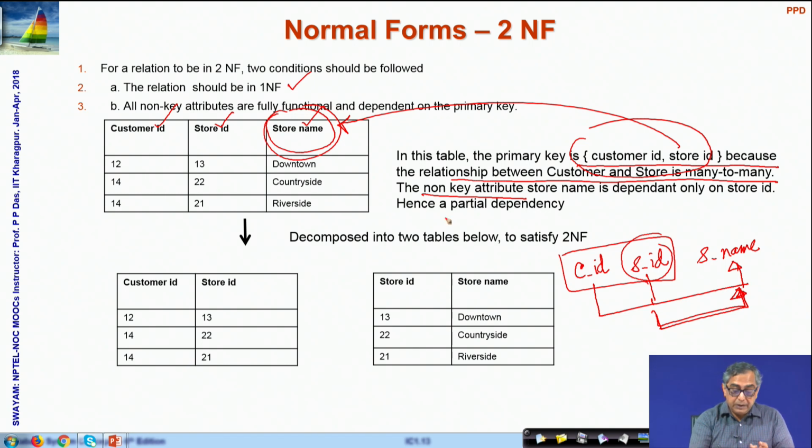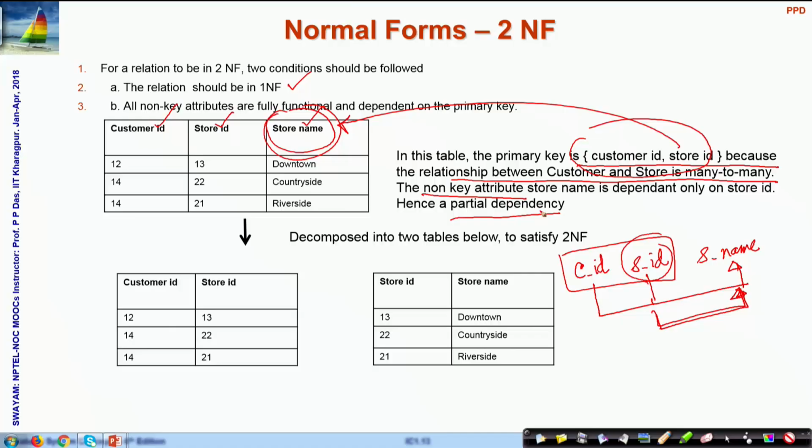That is the reason we call this a partial dependency. You do not need to know the whole key to find out the store name. If you just know the store ID, you will be able to find it. So, when that condition exists, we say that this relation is not in 2NF, second normal form.